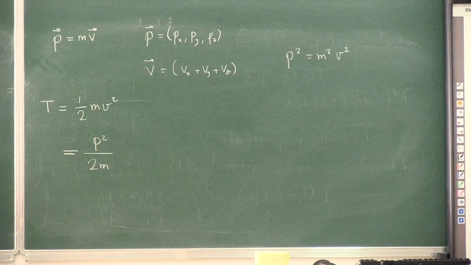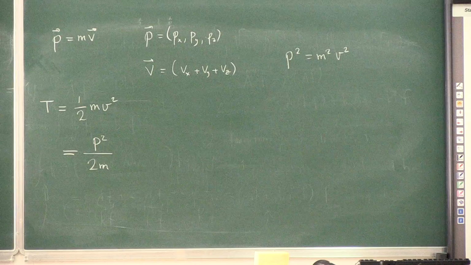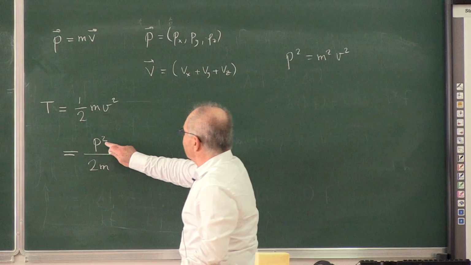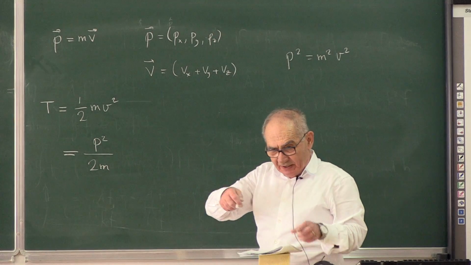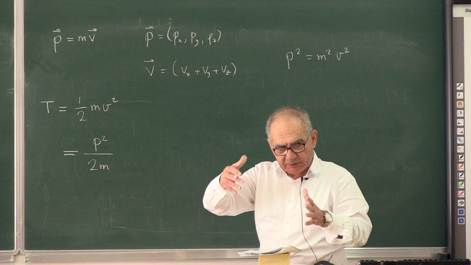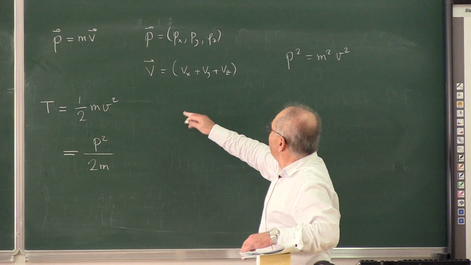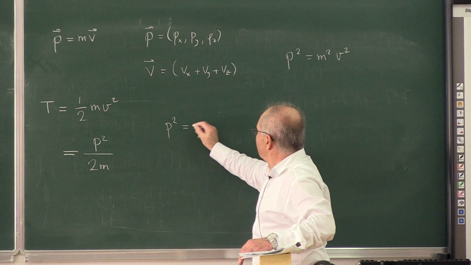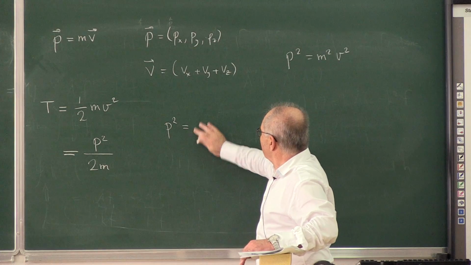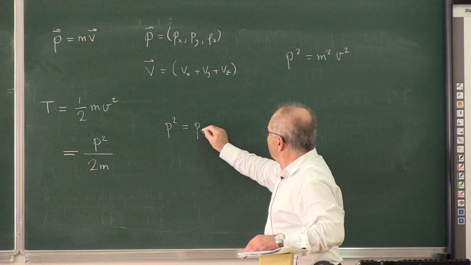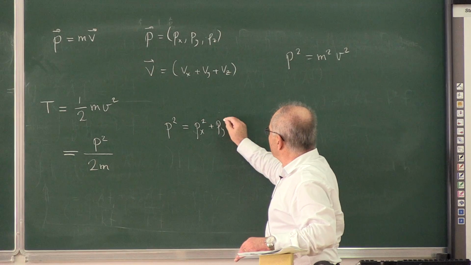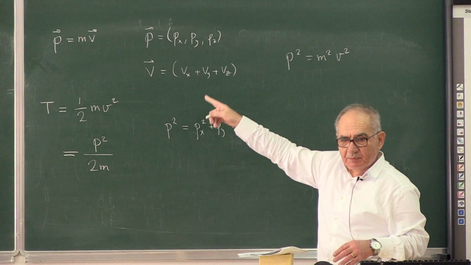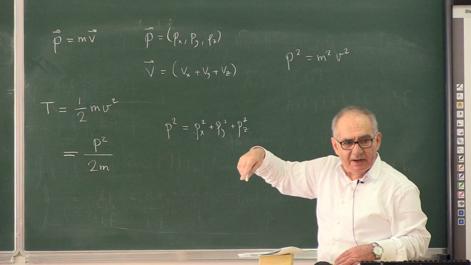Of course, this symbol p square, classically, is the square of the magnitude of linear momentum, right? But if you know the components, p square means px square plus py square plus pz square, if this particle is moving in three-dimensional space.